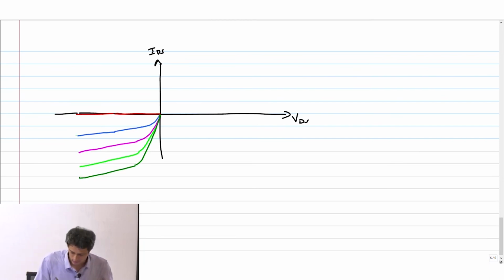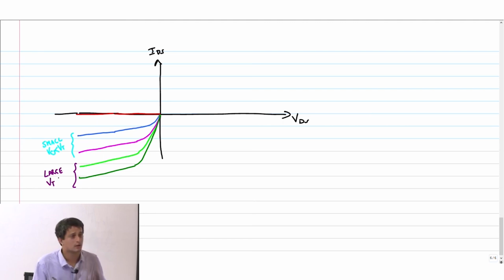This is small VGS, of course less than VTP, only then it will conduct. These are large VGS, sorry, and it can get velocity saturated.